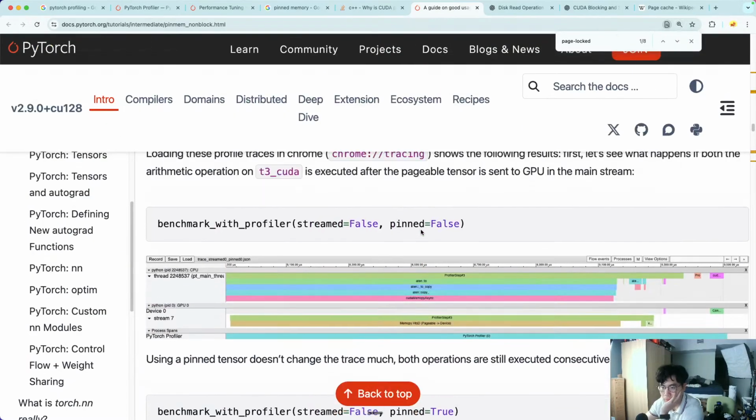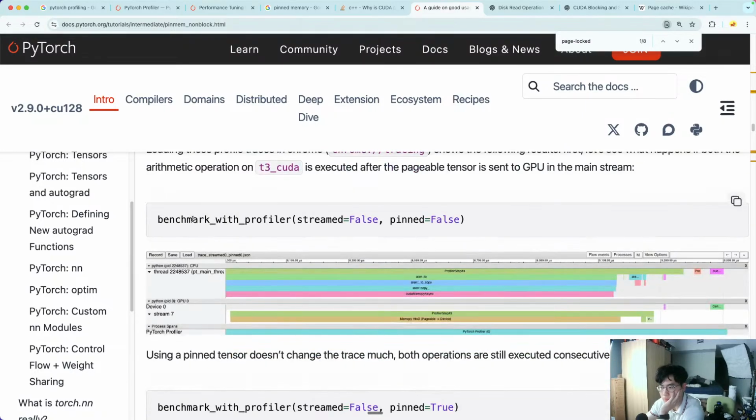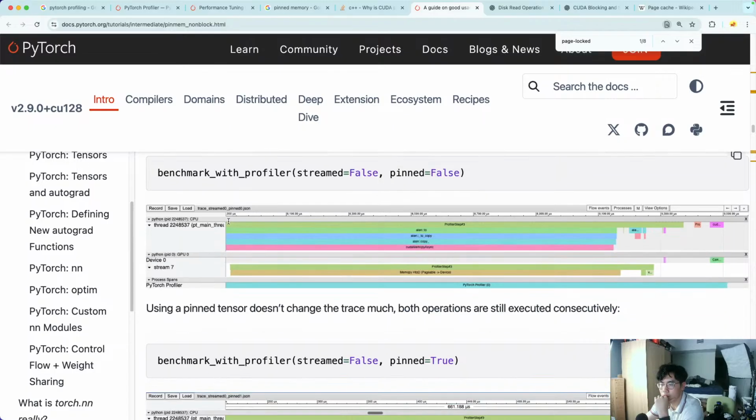If we don't pin it, the synchronization.